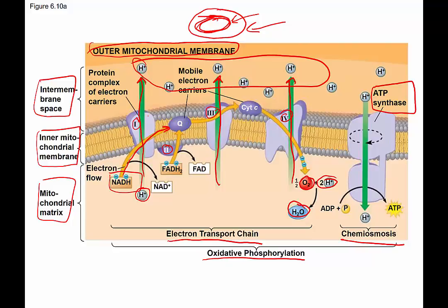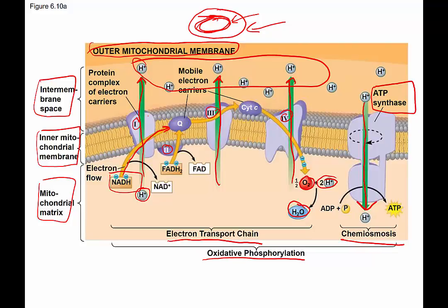So in addition to being a channel protein and allowing hydrogen ions or protons to pass through the lipid bilayer, at the same time it's using the kinetic energy or the movement of those protons to generate ATP. So as you can see, for complexes 1, 3, and 4, you have protons being pumped into the intermembrane space, but for ATP synthase, you have protons coming back into the mitochondrial matrix.